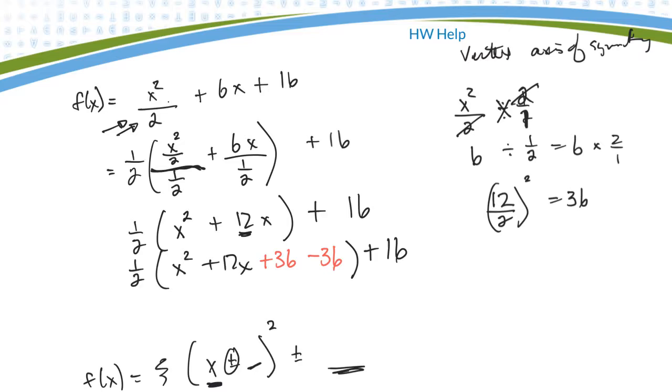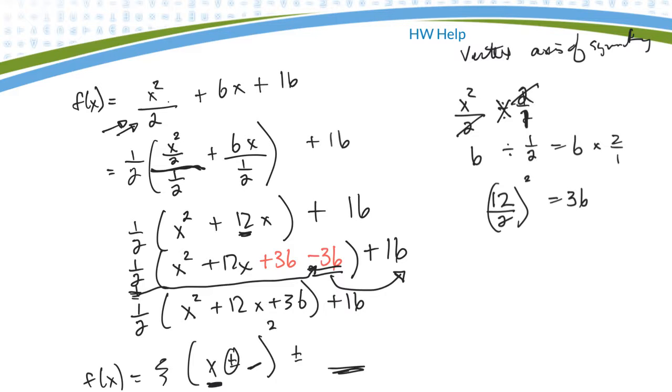Now what I want is to get this minus 36 outside of the bracket. To get it outside of the bracket, I have to multiply it by whatever's out front there. So on my next step, I'll have 1 half, and then here x squared plus 12x plus 36. Outside I have a plus 16, and then a half times the minus 36.